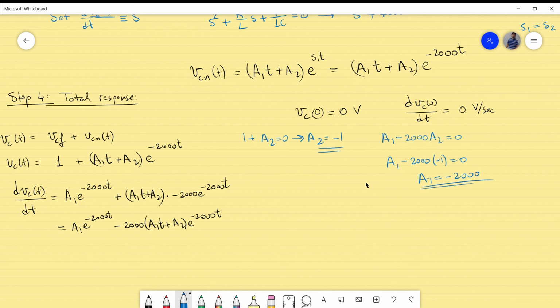So I have actually determined both unknowns, A1 and A2. Thus, what I have is the following, and this is actually the final situation. The capacitor voltage is the following: 1, and then I just fill this in. This is actually the complete expression, plus A1 is minus 2000 t minus 1 e to the power minus 2000 t, that is in volts, and it will be of course valid for t larger than 0.